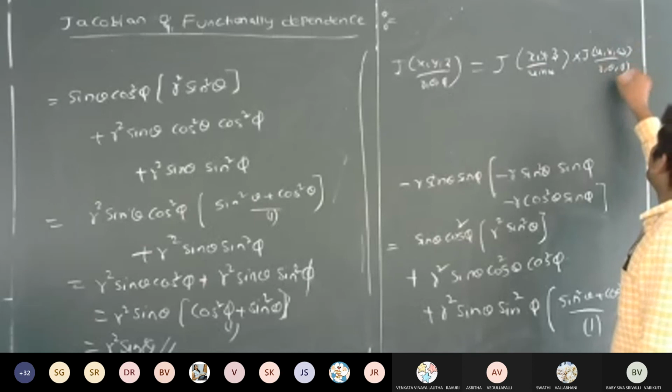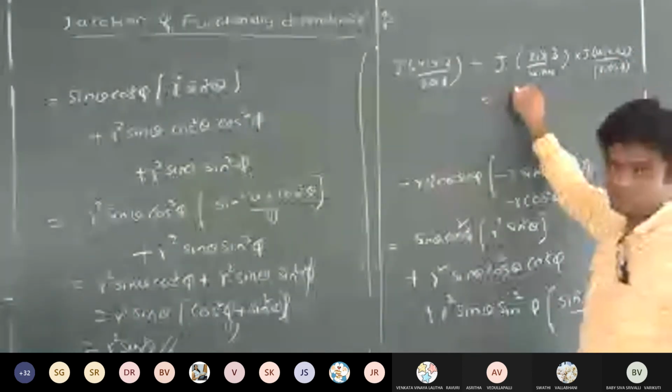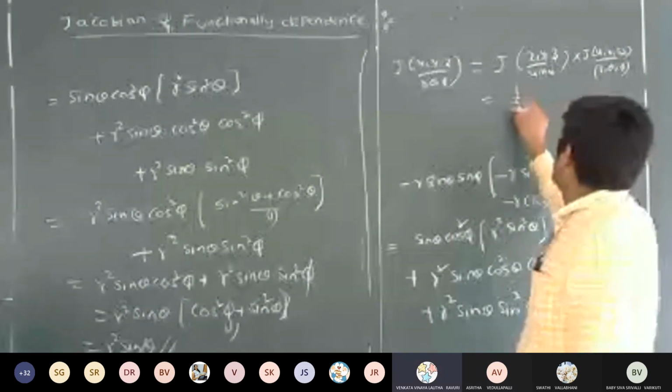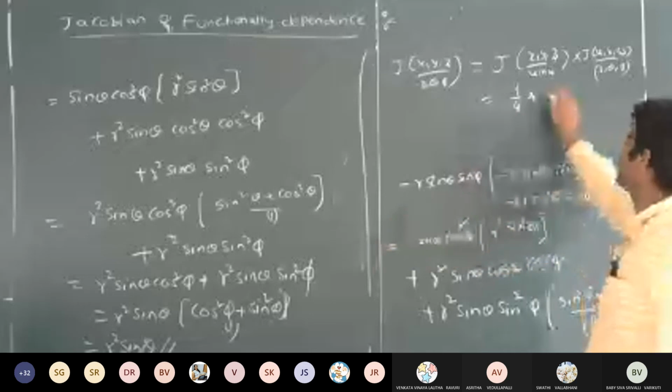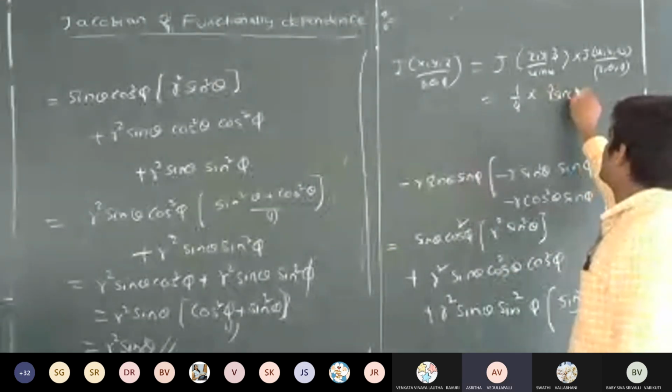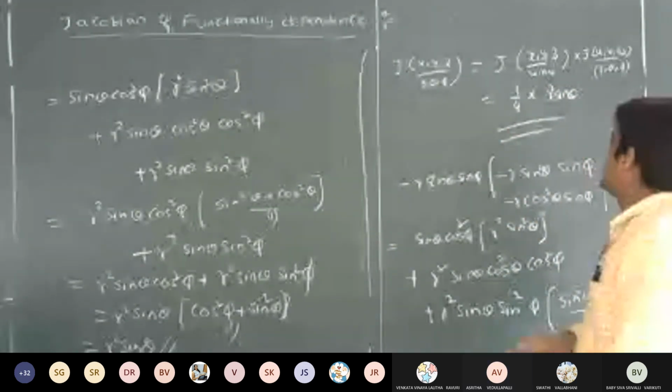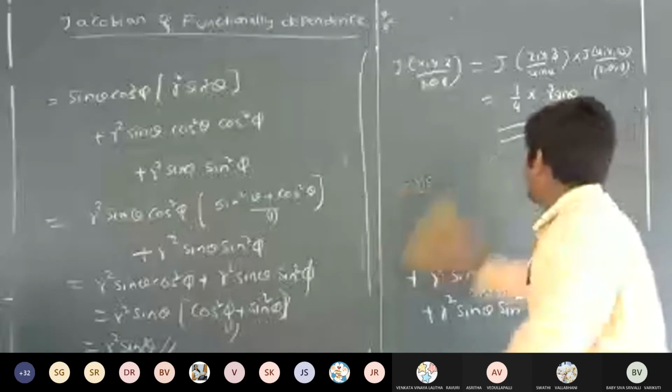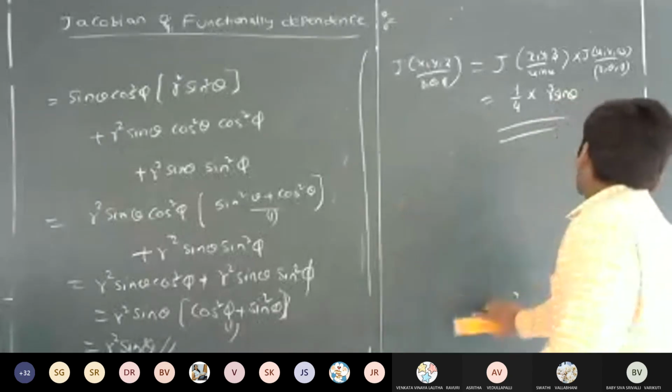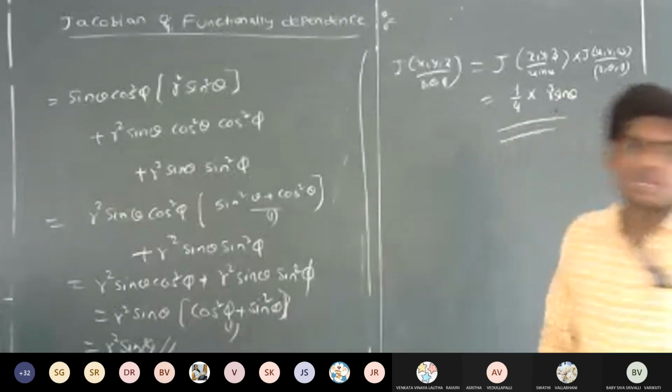What is the first value? 1/4. What is the second value? r squared sin theta. Therefore the required Jacobian value is r squared sin theta by 4.